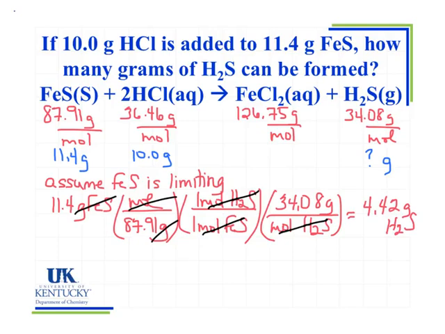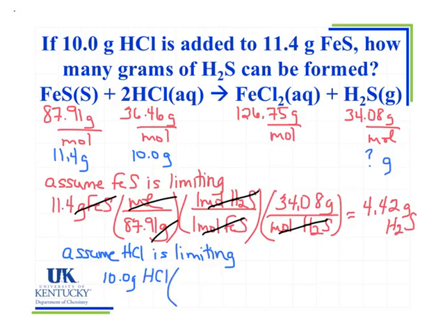Now I need to do a similar calculation, this time assuming that HCl is limiting. Because I'm given both amounts of the reactants, I have to do the calculation twice. So I start with my 10 grams of HCl, and I use my molar mass, 36.46 grams per mole of HCl. And then I look at my mole to mole ratio.